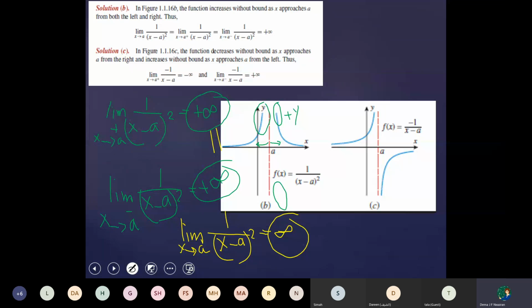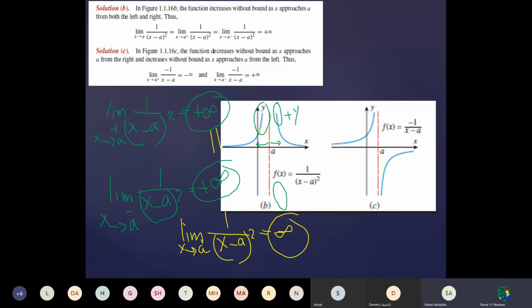Miss, why in the second one is it positive infinity? Why is it not negative? Don't look at C, I'm only in B now. I mean the limit of 1 over (x minus a) squared when x approaches a from the left.